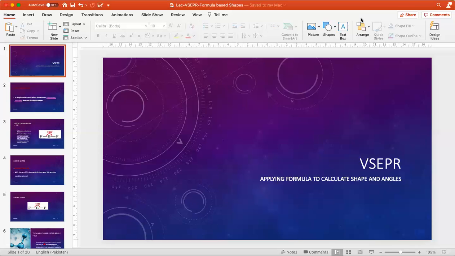If there are no unpaired electrons in the compound being assessed, the molecular and electron pair geometries will be the same. Okay, so this is a basic introduction to understand VSEPR, valence shell electron pair repulsion, applying formulas to calculate shape and angles. So let's start with it.